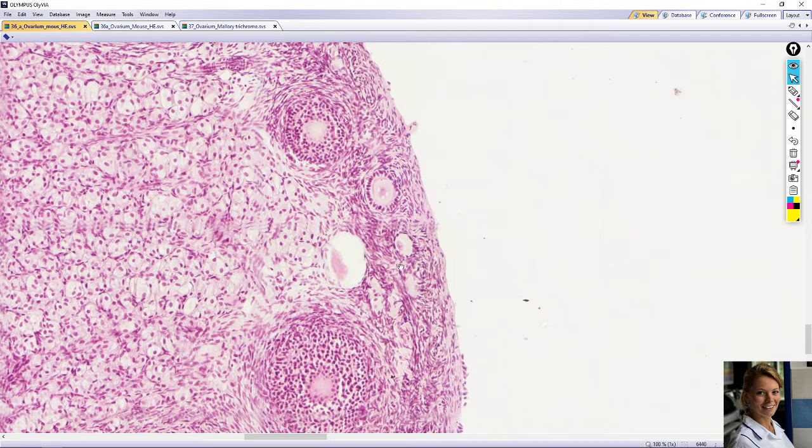Primordial follicles contain immature small primary oocytes that gradually increase in size as a follicle develops into primary, secondary and mature follicles. Before the ovulation of the mature follicles, all developing follicles contain a primary oocyte.